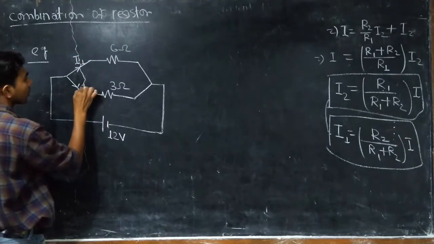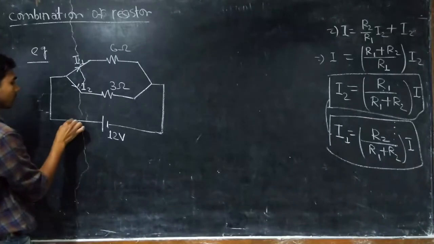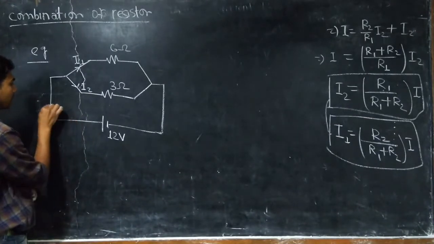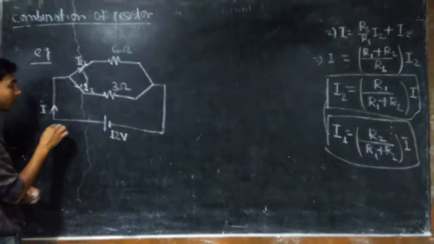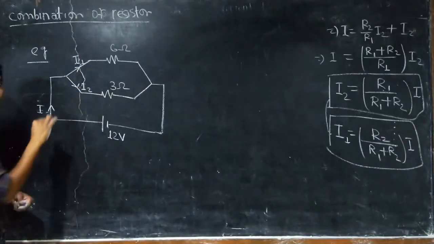We have to find I1, I2, as well as R equivalent of this combination, okay?